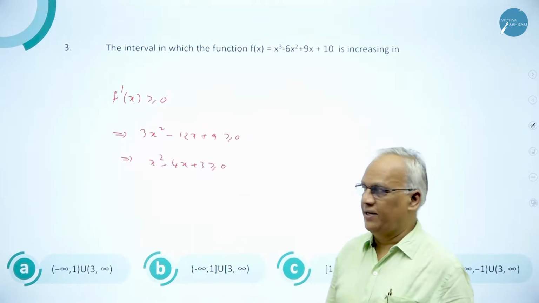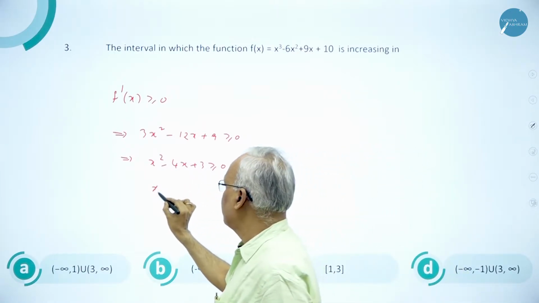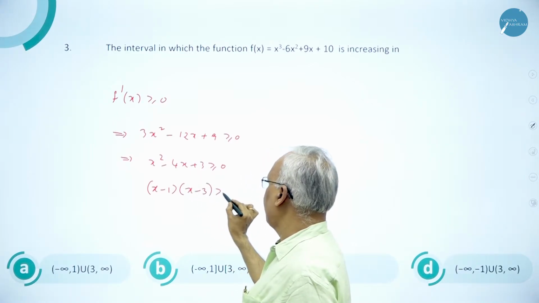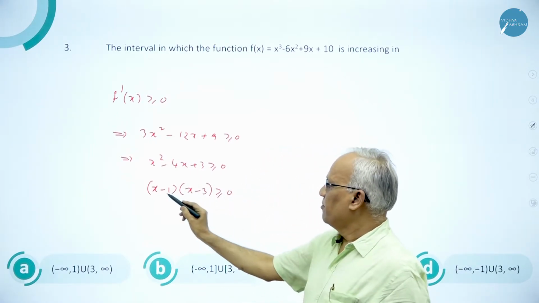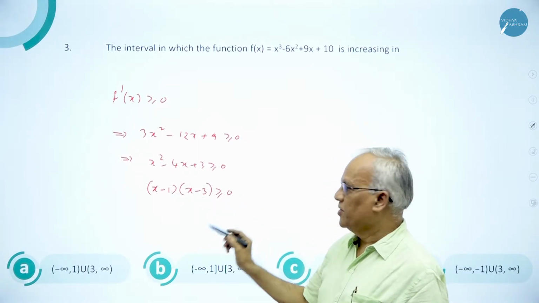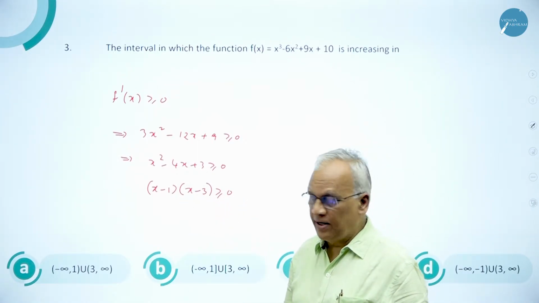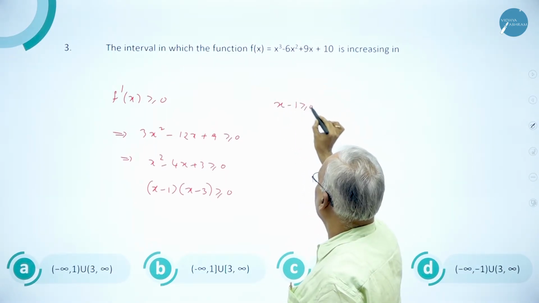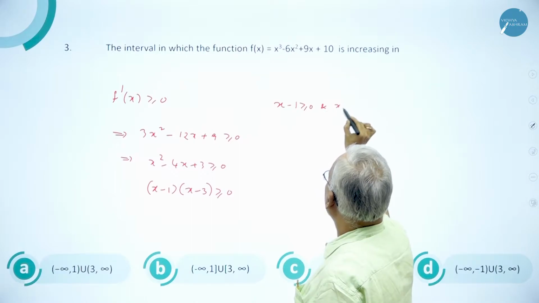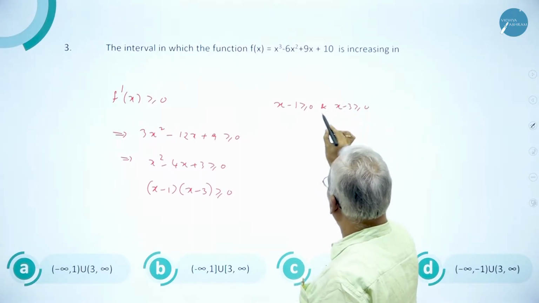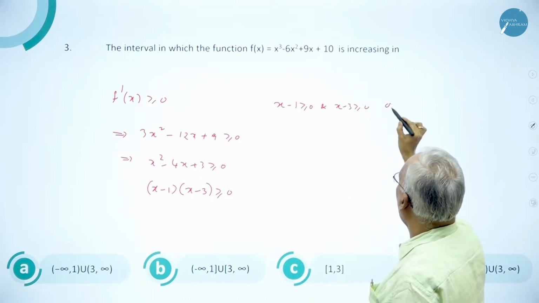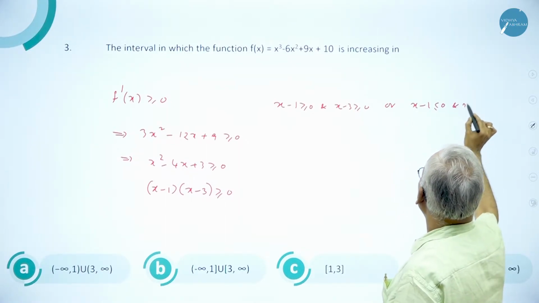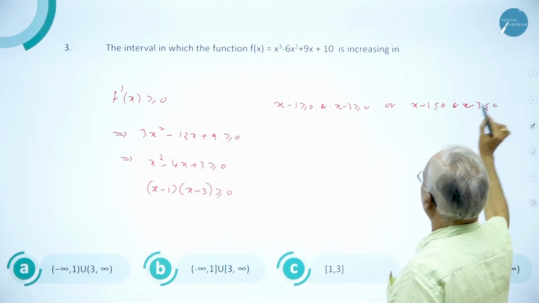Now I can very easily factorize this and see (x minus 1) into (x minus 3) greater than or equal to 0. So when the product is greater than or equal to 0, either both are positive or both are negative. So this gives you x minus 1 greater than or equal to 0 and x minus 3 greater than or equal to 0, that is, both are positive or 0, or x minus 1 is negative and x minus 3 is negative or 0.